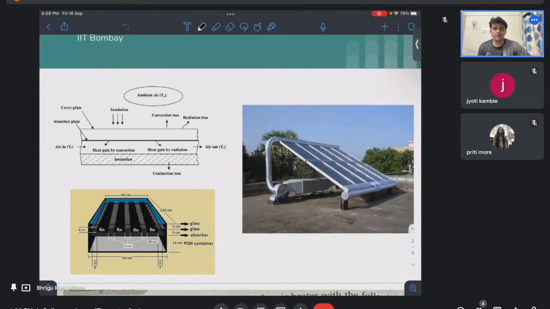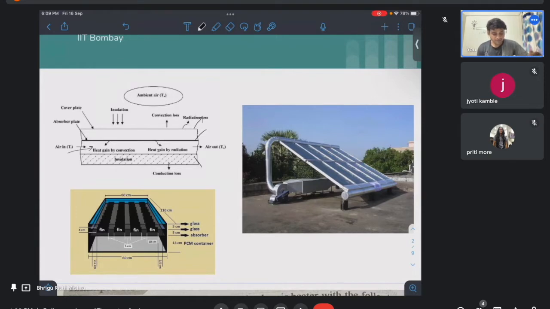There are two types of solar air heaters which have been discussed in the lecture. One is the simple, conventional solar air heater, where we have an absorber plate and a bottom plate, and the air is circulated between these two, with the typical cover plate to reduce the radiation losses.